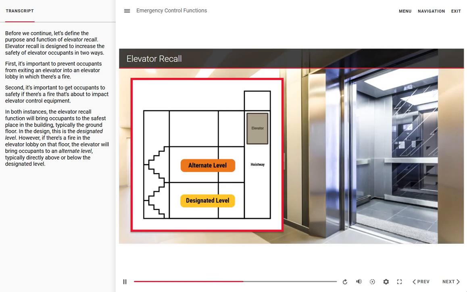In both instances, the elevator recall function will bring occupants to the safest place in the building, typically the ground floor. In the design, this is the designated level. However, if there's a fire in the elevator lobby on that floor, the elevator will bring occupants to an alternate level, typically directly above or below the designated level.